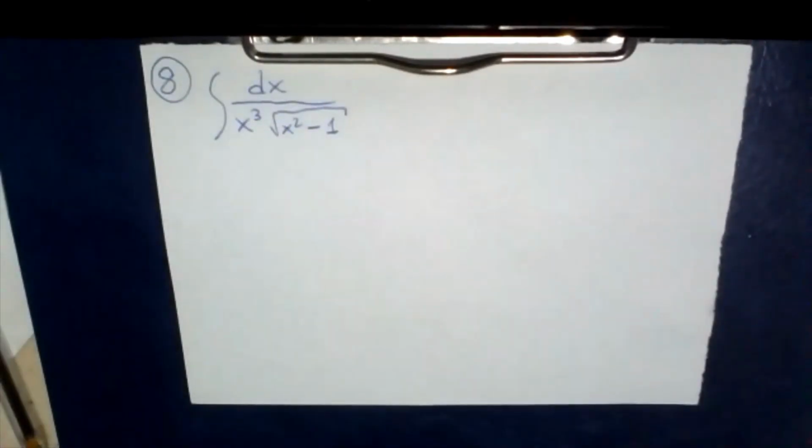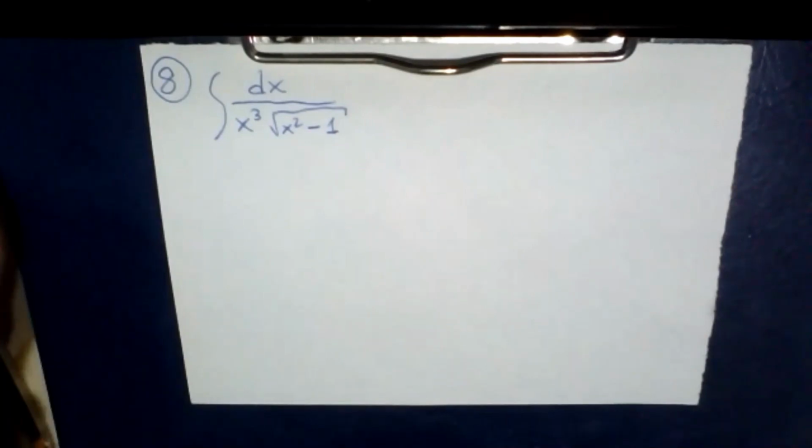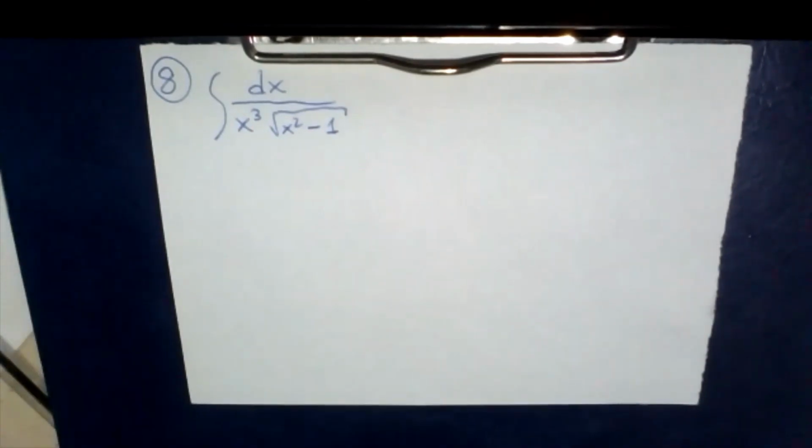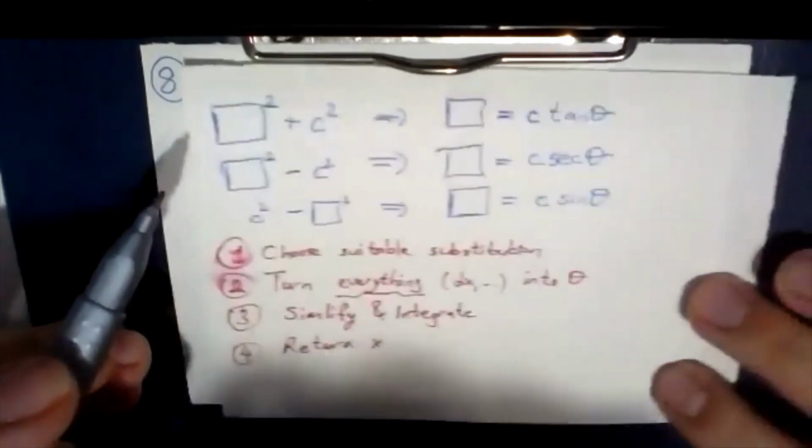Now, should we have some addition or subtraction of squares of two things? Let's consider. We can make our substitution in this region. We have the square of x minus something.